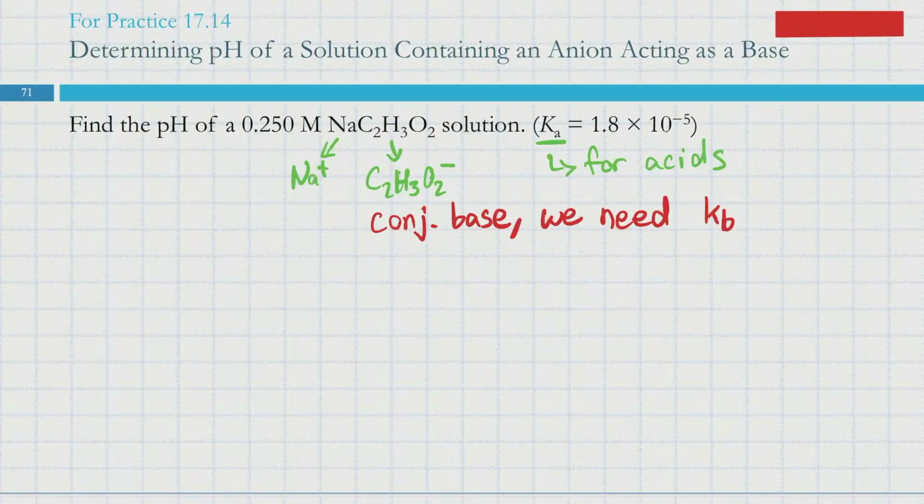There's maybe a way that you could solve it with Ka. I think it's simpler if we just calculate the Kb and do it like all of the other ICE tables that we've done today. So using our new knowledge that Ka times Kb equals Kw, Kb equals Kw over Ka.